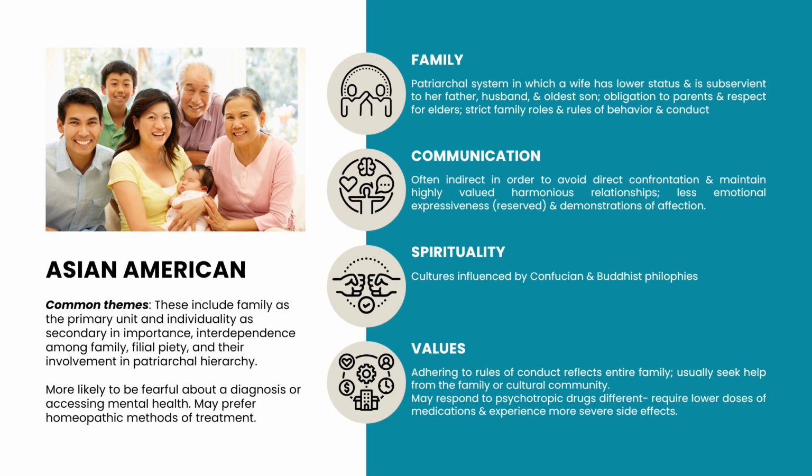When it comes to family, like I said, the patriarchal system in which a wife has lower status and is subservient to her father, husband, and oldest son. The obligation to parents and respect for elders, strict family roles and rules of behavior and conduct.